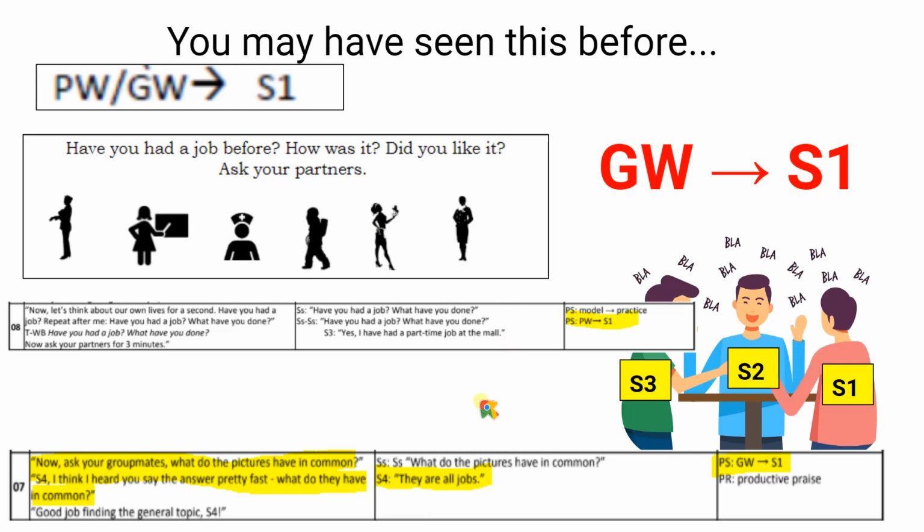So while it's possible to ask one student without the group work or pair work part, as I mentioned before, they will produce better answers and be less nervous if you let them talk with friends first. And you've also seen it in your lesson plan models that we provide with some of your lesson plans.